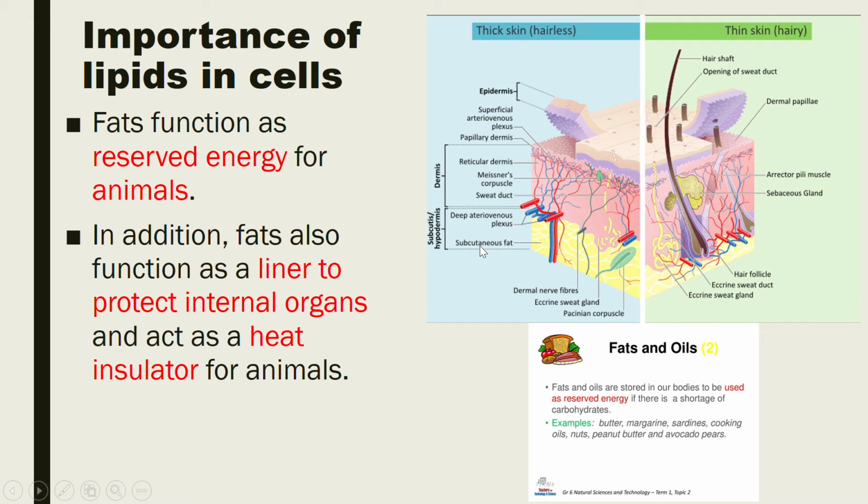It is deposited underneath the skin. Cutaneous here refers to the skin, sub means below, beneath the skin. So that's where the fats are being stored as adipose tissue. If the glycogen storage in the liver is full, that is how the excess glucose is being stored.